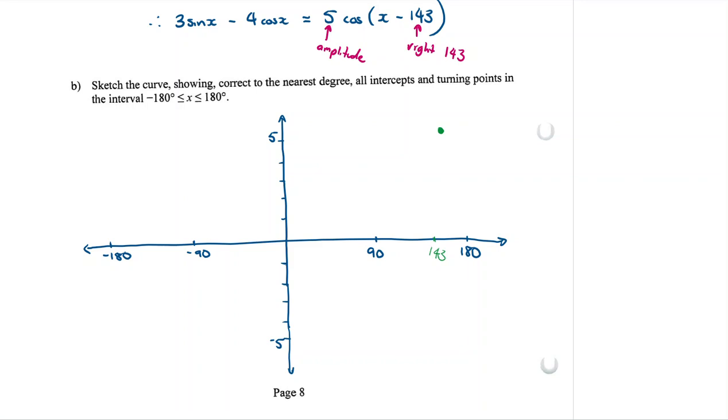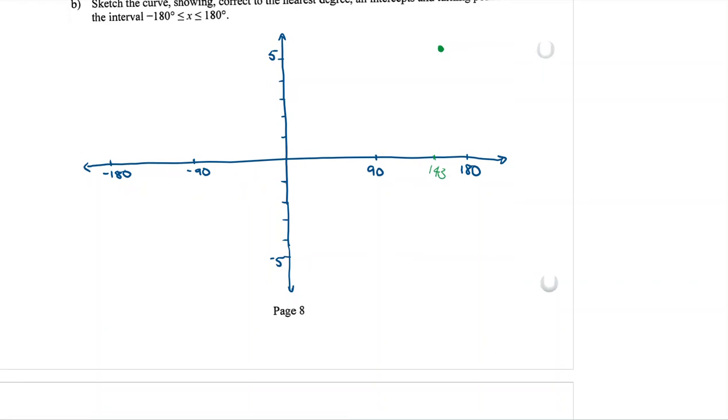If I go backwards 90 degrees, I need to come down to 2.5. Actually, let's go the full 180, all the way to the other end. So let's take 180 off 143, which gives negative 37 degrees. Where will my curve be at? Negative 5.